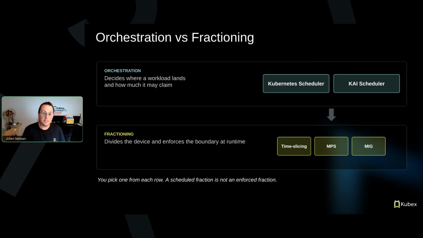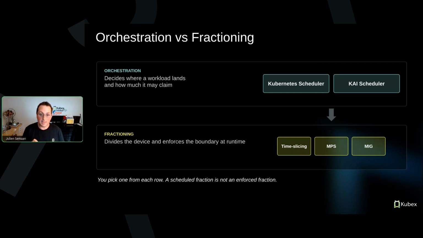And then we have fractioning. This is the runtime or hardware side decision. Once the workload is on the card, what actually prevents it from using more memory, more compute, or more isolation than intended? The scheduler can make a placement decision. It can say the pod should get a fraction and should share the GPU with these other pods, but that doesn't mean that it automatically enforces that fraction either.